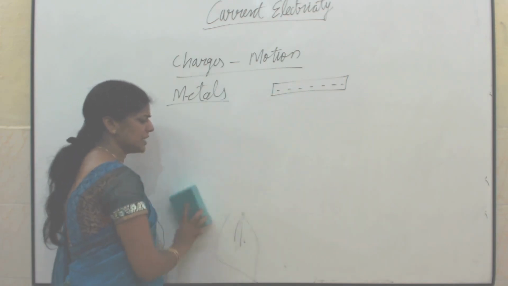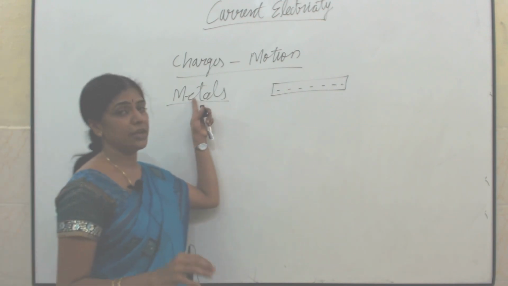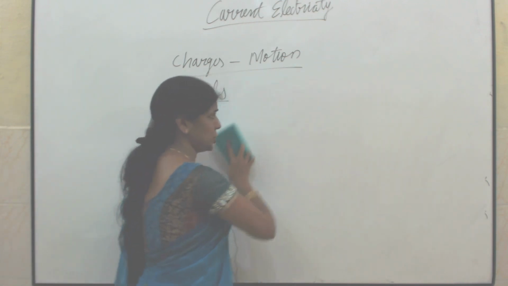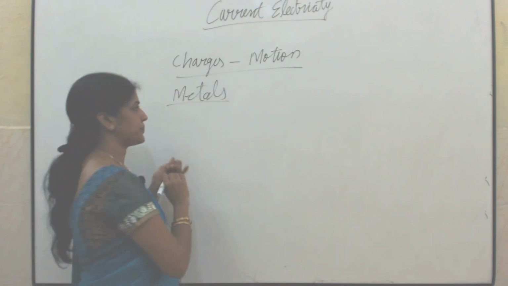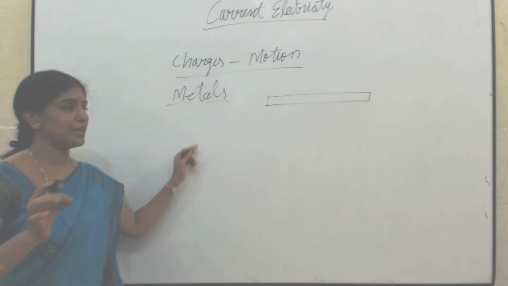Now we will see how the charges are flowing in a metal. We know all metals are very good conductors. What makes the electron move? Now you take a conductor, any metal, an uncharged metallic conductor.